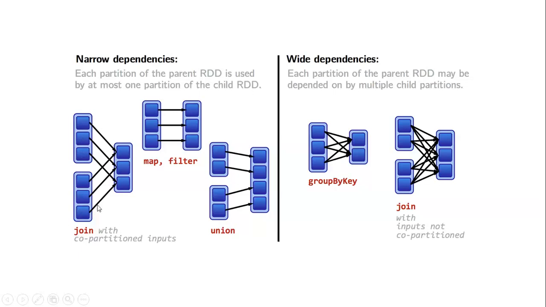Join with co-partitioned inputs is a narrow dependence. Here you can see the definition of narrow dependence. It simply means that each partition of the parent RDD goes to at most one partition of the child RDD.